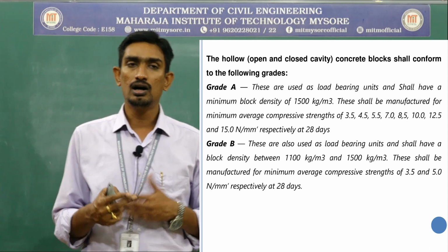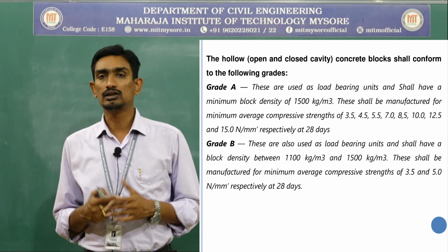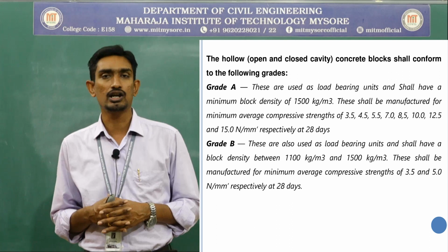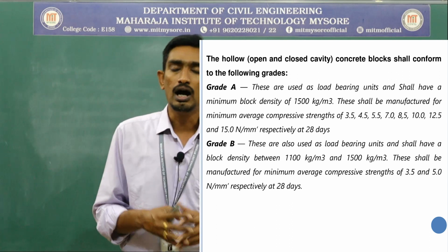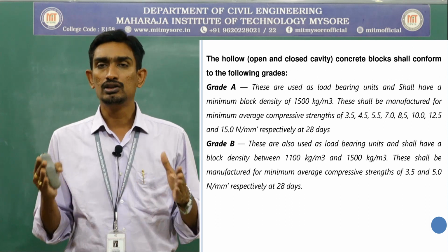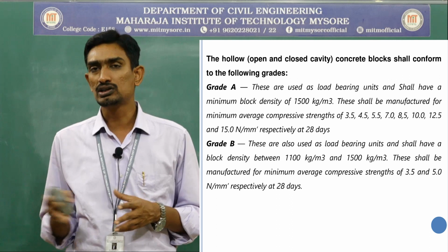Regarding the preparation of this concrete block, as already told, it is a mixture of cement, fine aggregate, coarse aggregate and so on. After mixing all these in a particular mixture, they cast it to a specific size, which I am going to discuss next.